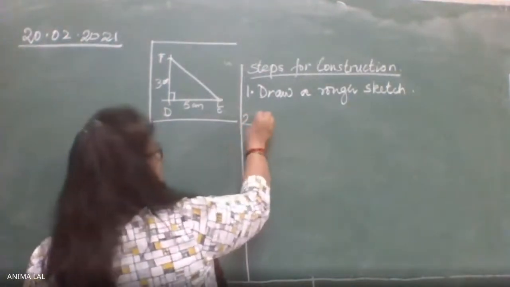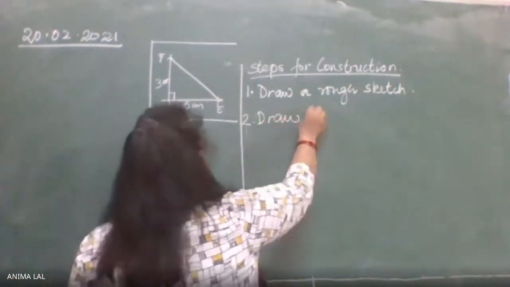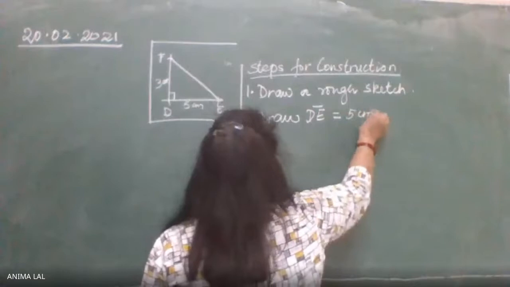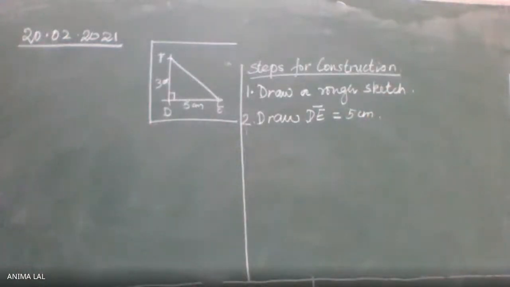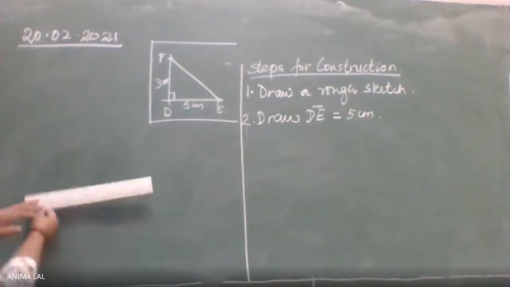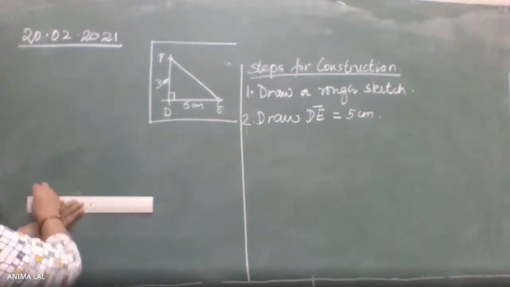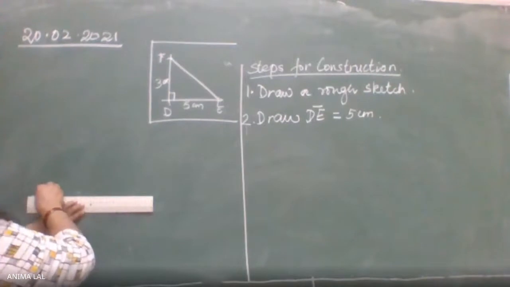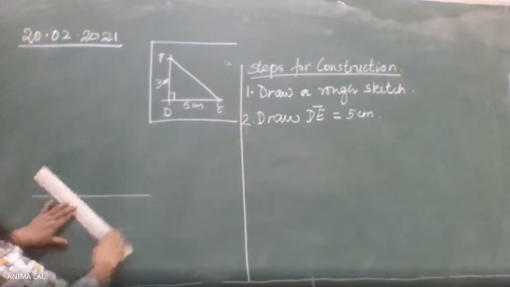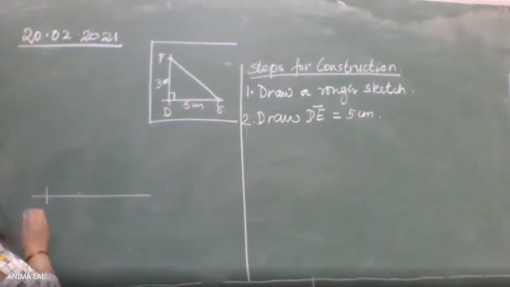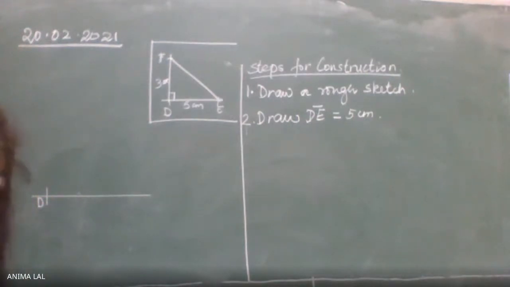Our second step will be draw DE equal to 5 centimeter. Draw DE equal to 5 centimeter. So you take your ruler, this way, mark the point D. Now you can use any method of doing the 90 degree, okay?